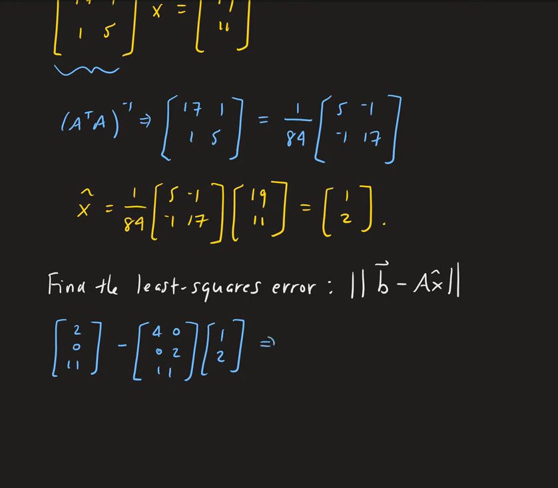So this is going to give us 2, 0, 1, 1 minus, let's see, 4, 4, and then 3.